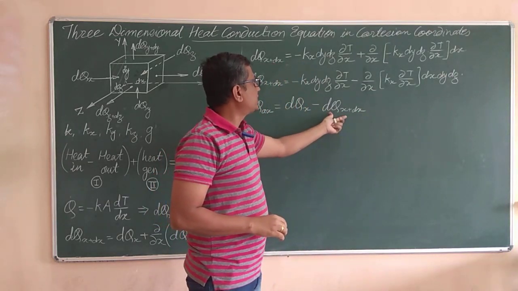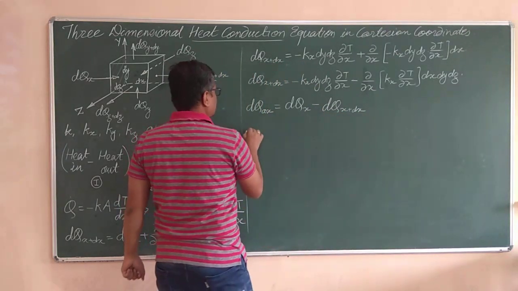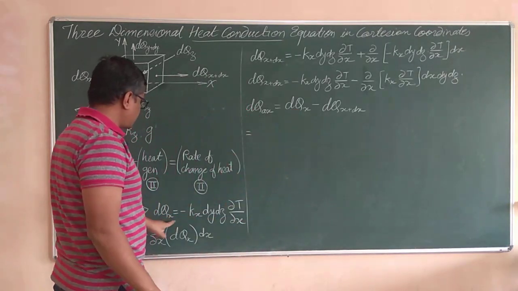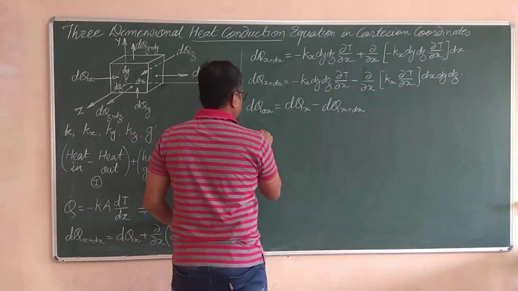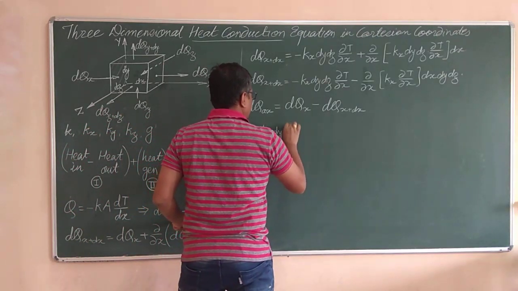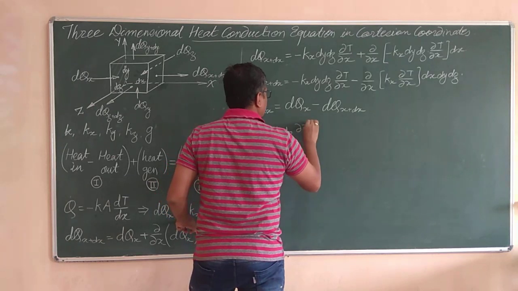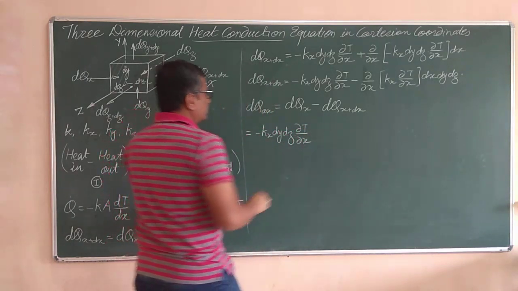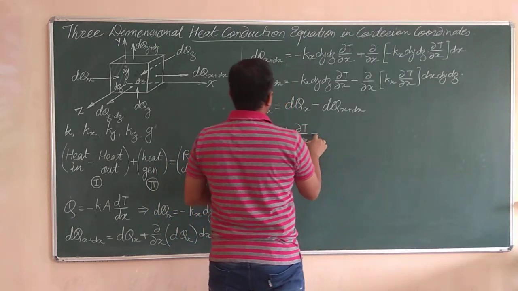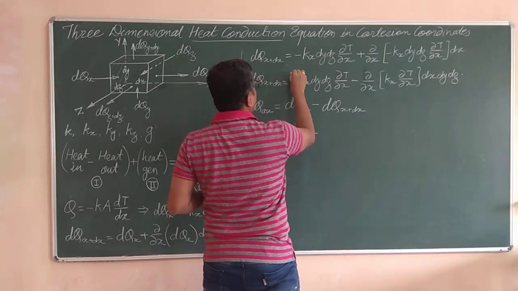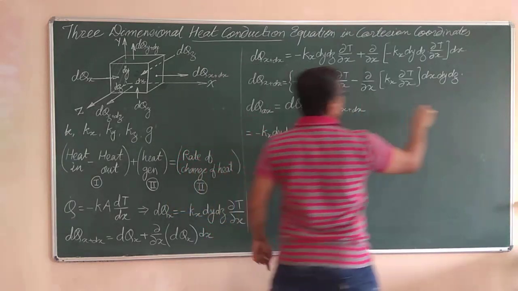If I take the difference, let us take dqx as it is. Here dqx is minus kx dy dz into ∂T by ∂x, then minus of this entire term, so I will put a large bracket around it.